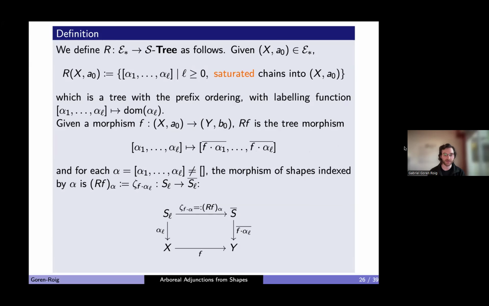The problem is that there's no reason at all why this would be saturated morphisms after you do that. So you then have to saturate them as part of the definition, and that's what these bars are doing here. And then you also have to say how this acts. You need to define the shape transformations at each node of the trees, and you do that using these factorizations.